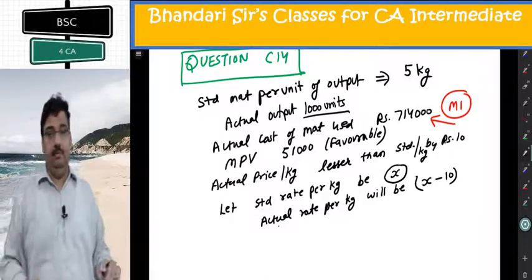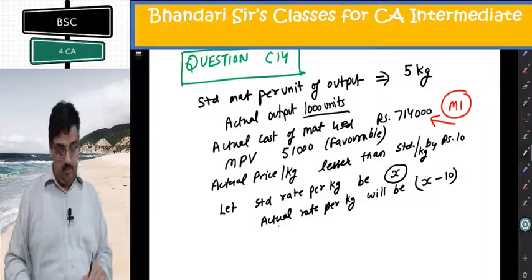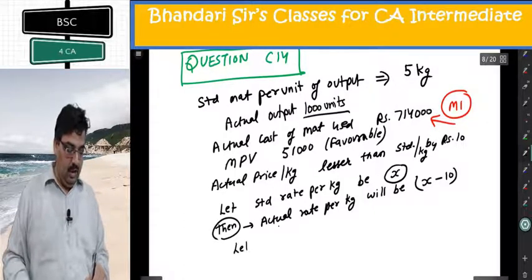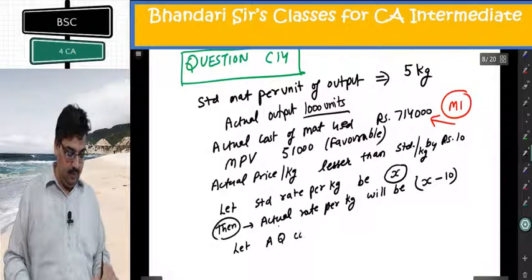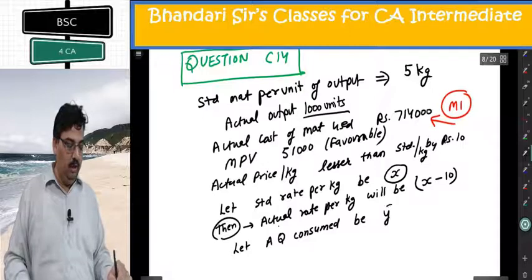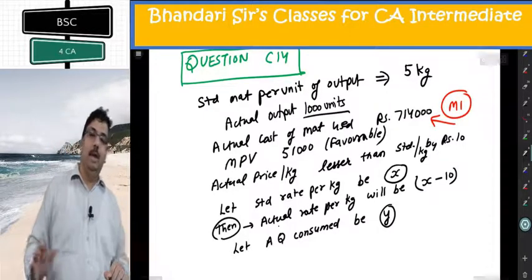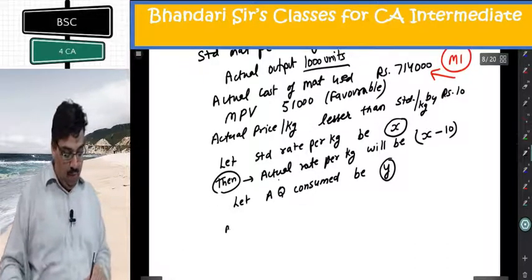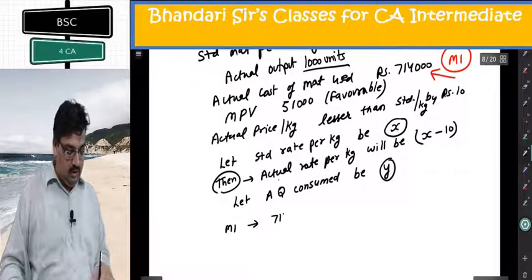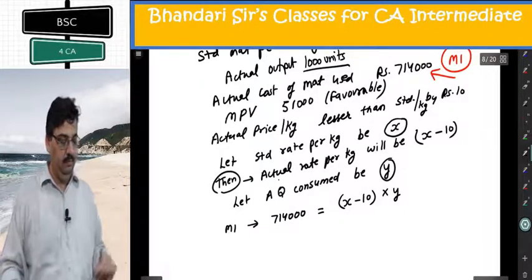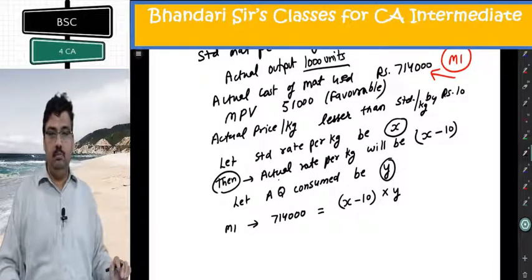What about quantity? Even quantity is not given. This is implication. Then let actual quantity consumed be Y. Now M1, 7,14,000 is equal to X minus 10 into Y. That is clear.